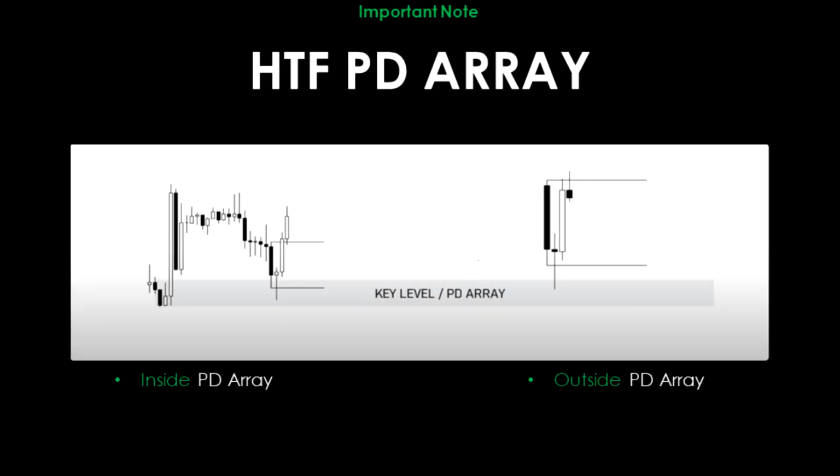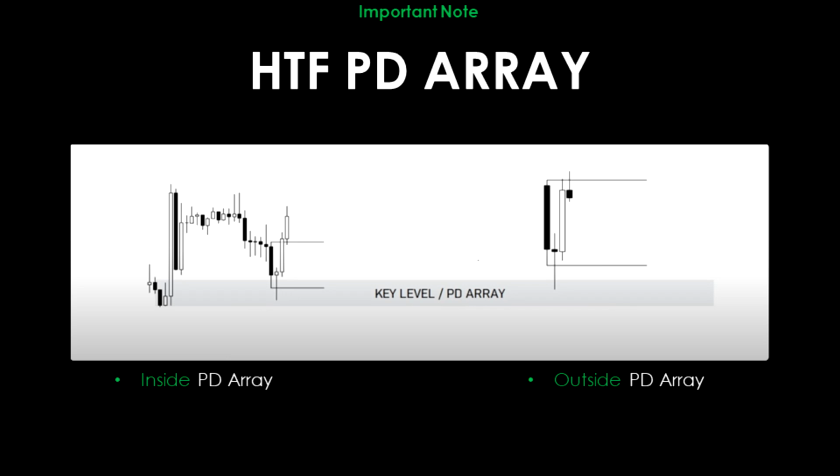The high timeframe PDRA can come in two forms: the inside PDRA and the outside PDRA. You can clearly see examples of the difference between the two of them. One type is when the CRT has tested the PDRA, and the other is when the CRT hasn't tested it. But the purge of the CRT occurs in the second candle and tests the PDRA.